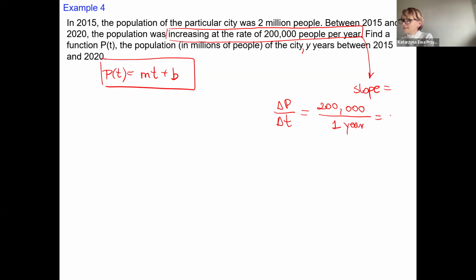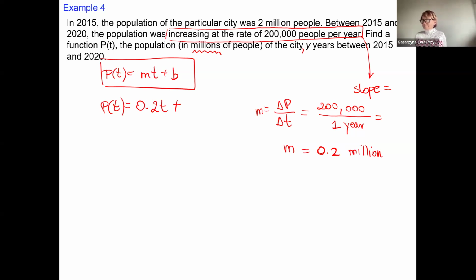Perfect. Everything has to be in millions. Millions has 6 zeros, so 0.2. That means 0.2 million. That's what we can say m is. So we have 0.2t, and the beginning of the data is 2015, correct?